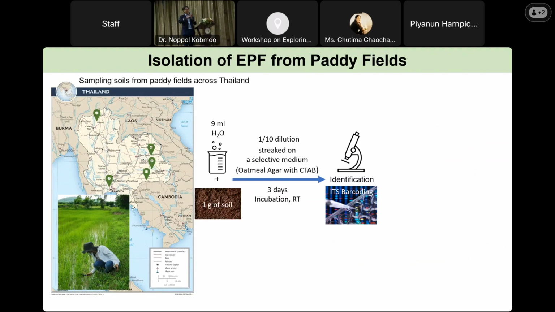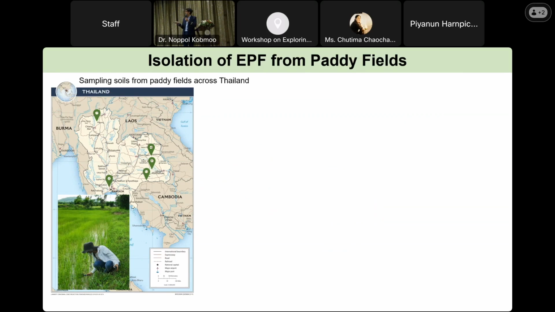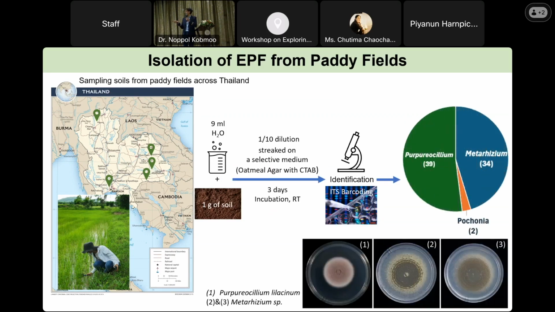It's just dilution of soil with sterile water and incubation on selective media, and then we exclude all the fungi that are known contaminants and known environmental fungi, such as Aspergillus, because we are mainly interested in fungi that have potential entomopathogenicity. We identify them based on morphology and ITS barcoding.